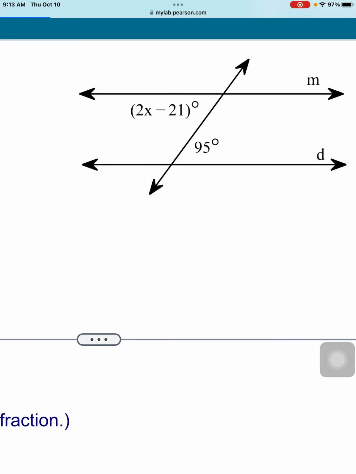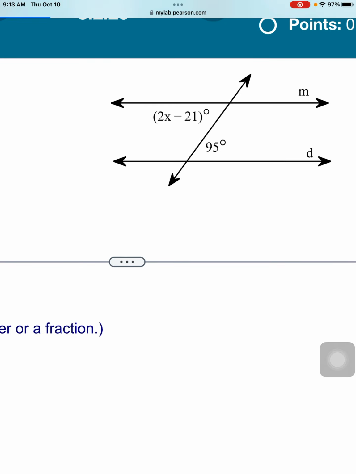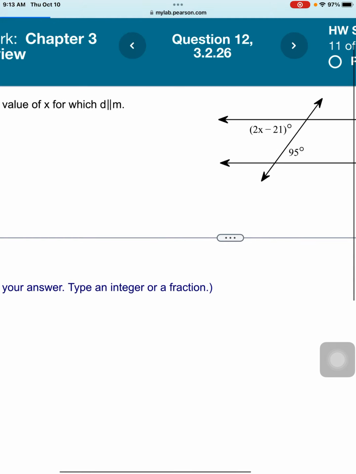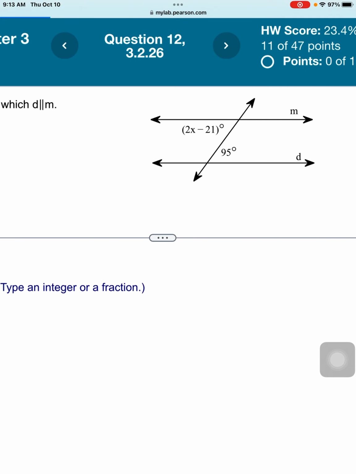So now you're probably thinking, Mister, we don't know. They could be congruent, they could be different, they could be anything, right? But if we read on, it says, find the value of X for which D and M are parallel. So if D and M are deemed or assumed to be parallel, then what do I know about these alternate interior angles? They have to be congruent, right?